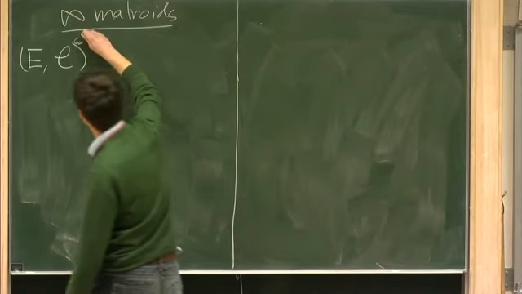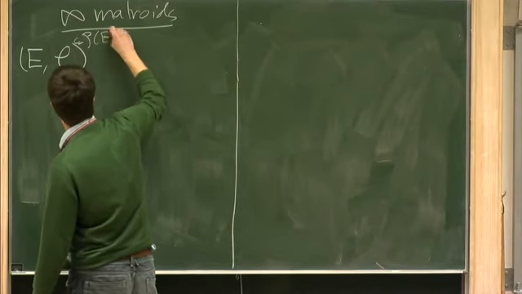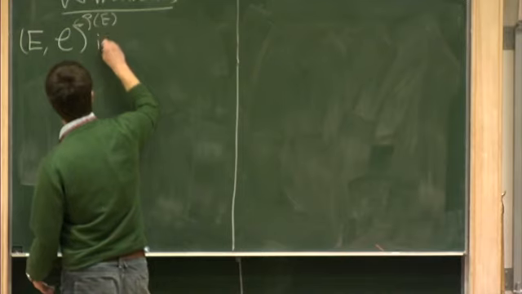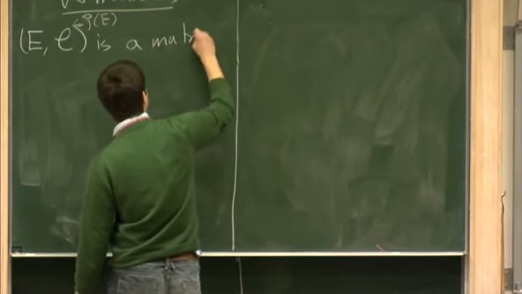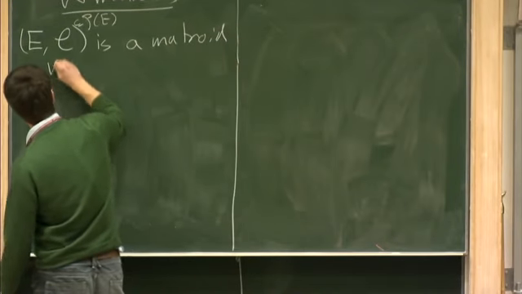And this C is a subset of the power set of E. So this is a matroid with ground set E.